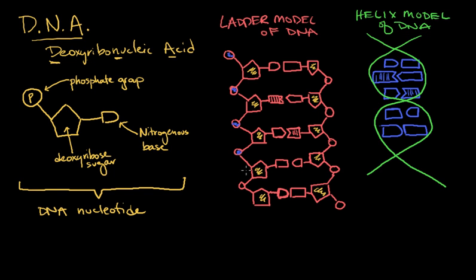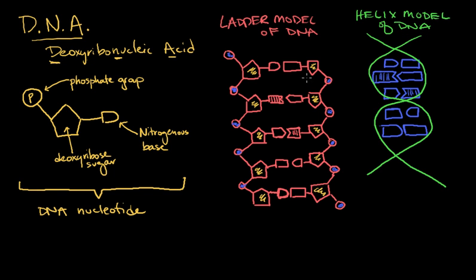These phosphates connect one nucleotide to the next in a line. Notice this phosphate is connected to this deoxyribose, and it's connected to the next deoxyribose. The same thing on the other side, but notice that the deoxyribose sugars are flipped the other way. The point on this side is up, the point on this side is down.